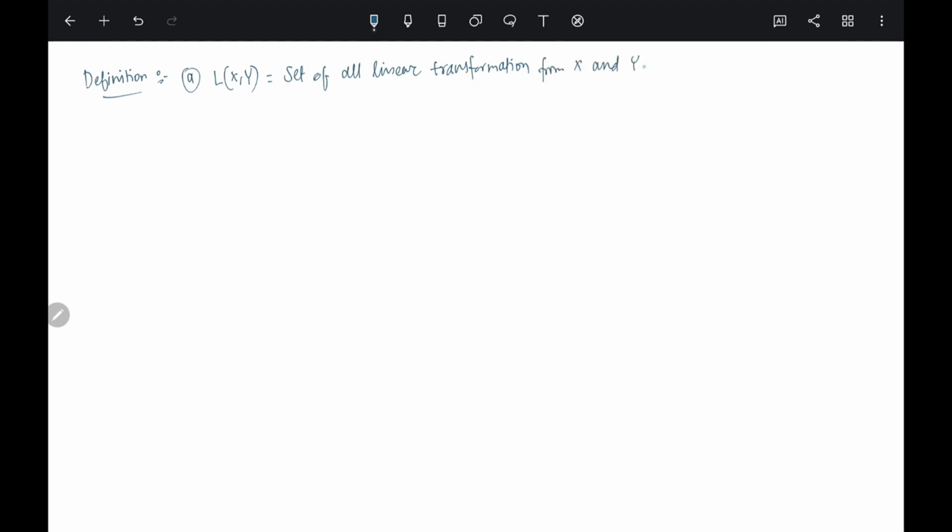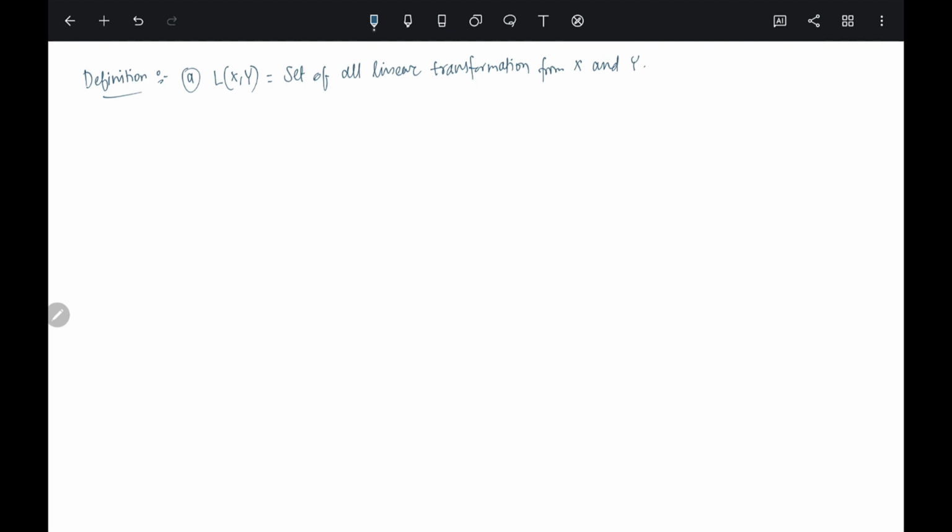Okay, now we need some definitions. So the first definition which you are going to do is this. We are going to write down L(X,Y). This is the notation which we are going to use. L(X,Y) is the set of all linear transformations, or linear maps, whatever you want to call it, from X to Y, and of course we are assuming X and Y are vector spaces.